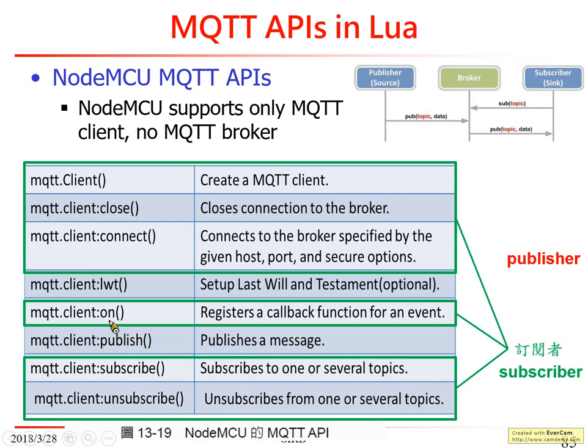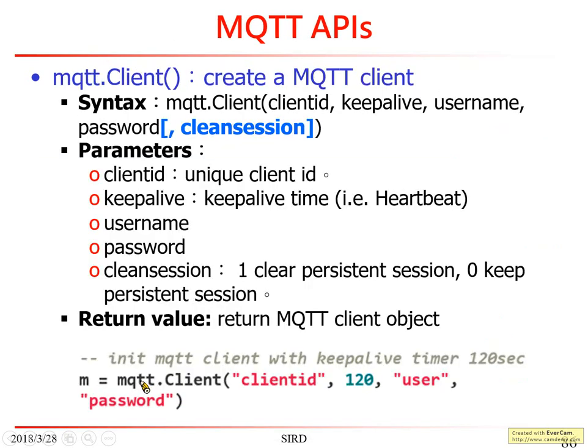So this is the callback function. You have to register it on this API, this on API. You also have to subscribe to which topic you would like to listen to.